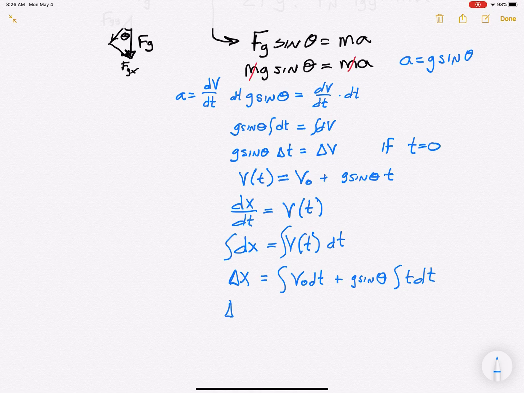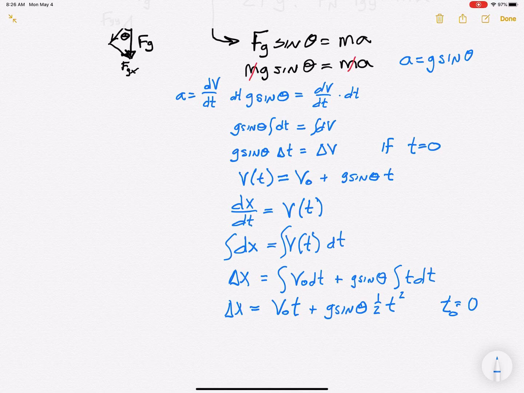So delta x is equal to v naught t plus g sine theta 1/2 t squared, if t is equal to t initial is equal to 0.